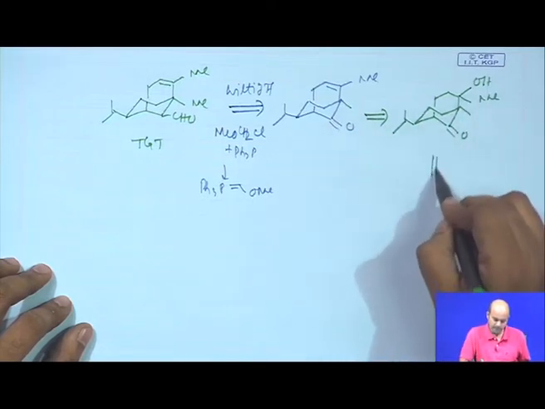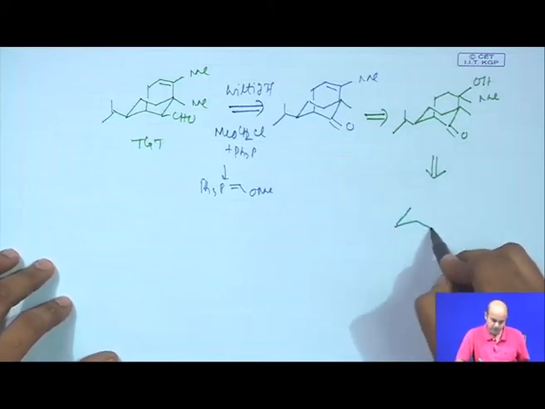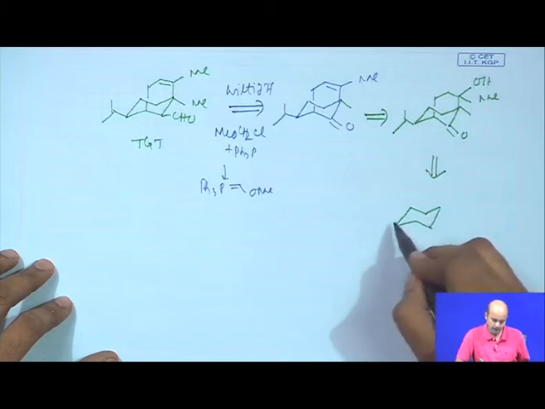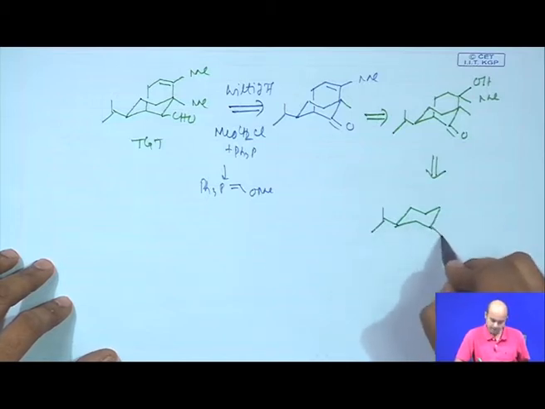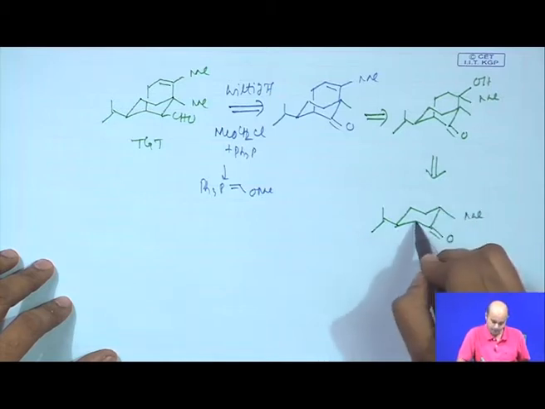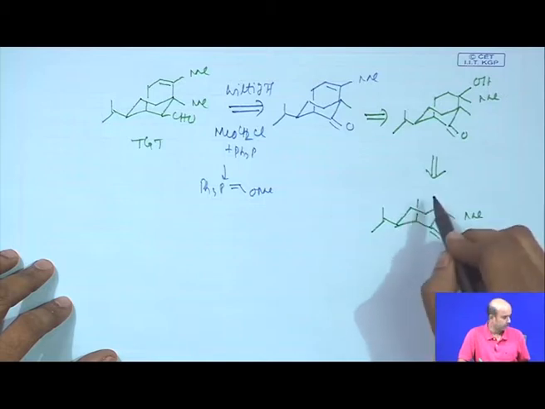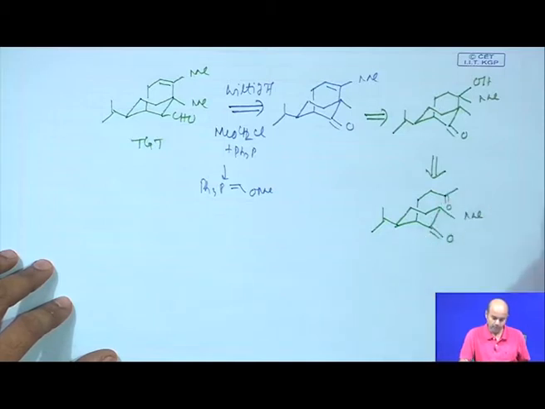Now, as I said, this is basically a keyed skeletal disconnection. You have to simplify the structures and see how it can be related to simple starting materials. Now we are trying to figure it out, or trying to close the gap. Now you will see it is almost done.